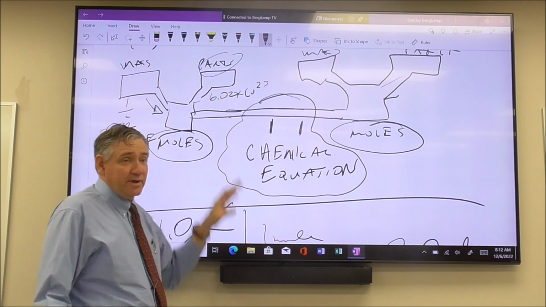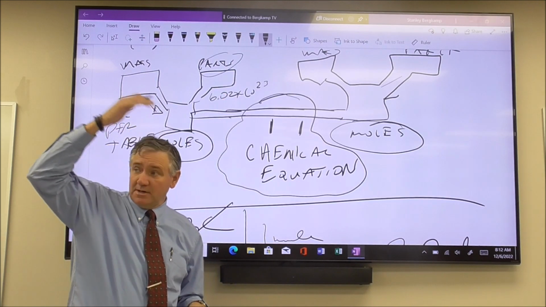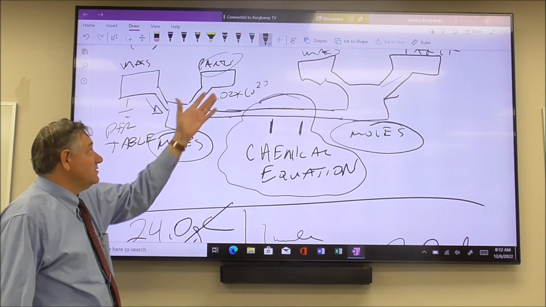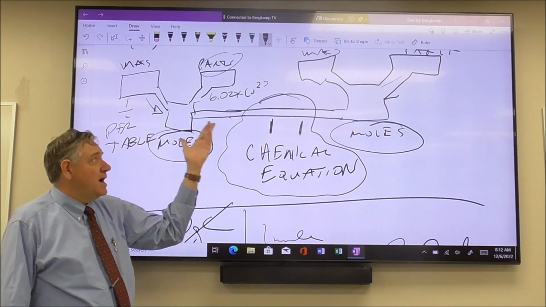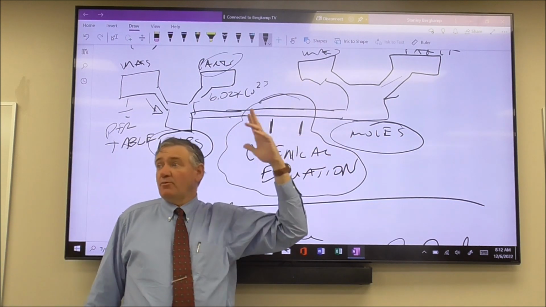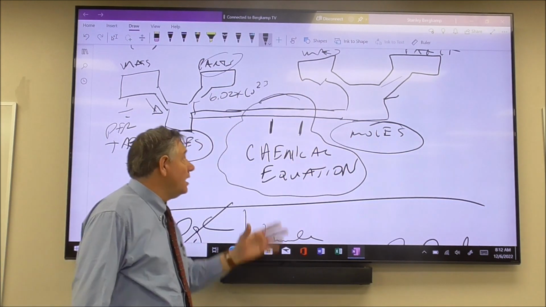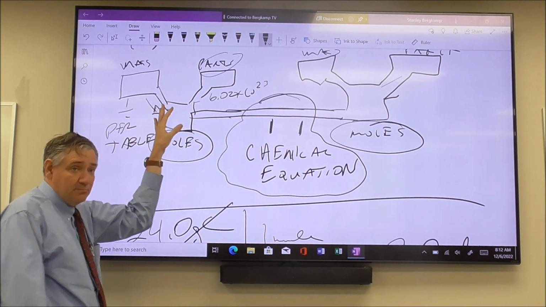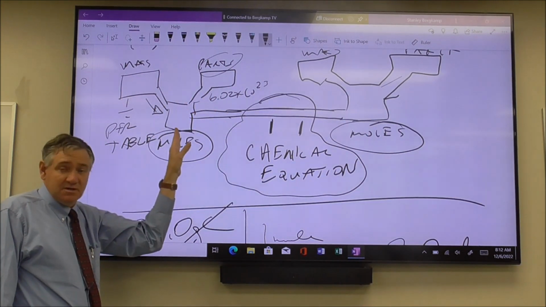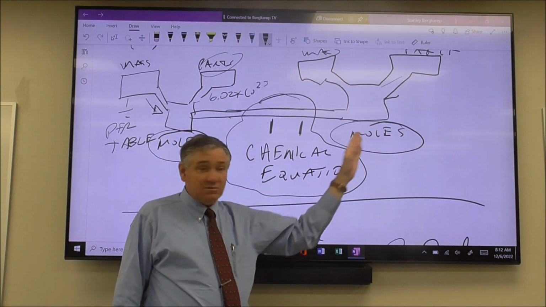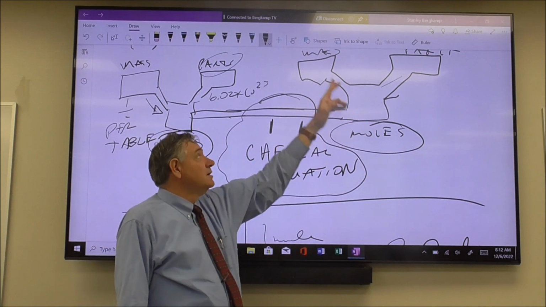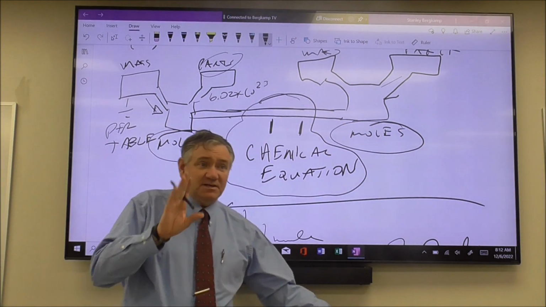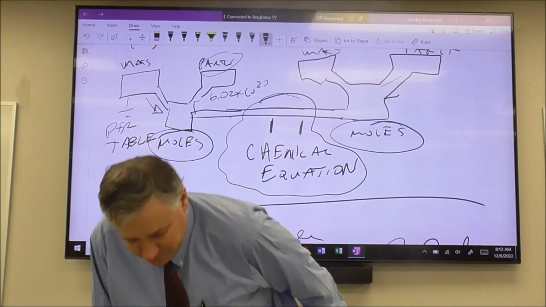I can start with, say, we're going to make water. I'm going to give Addie a certain number of particles. I want to know how many grams of water she can produce out of that. This is for chemical. I'm going to go from parts into moles, moles to another type of moles using the chemical equation. Literally, this is all about sequence.